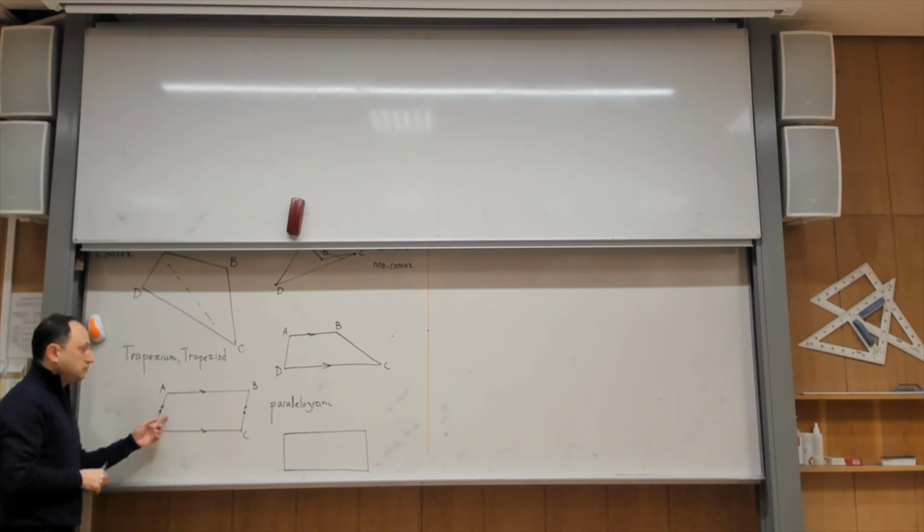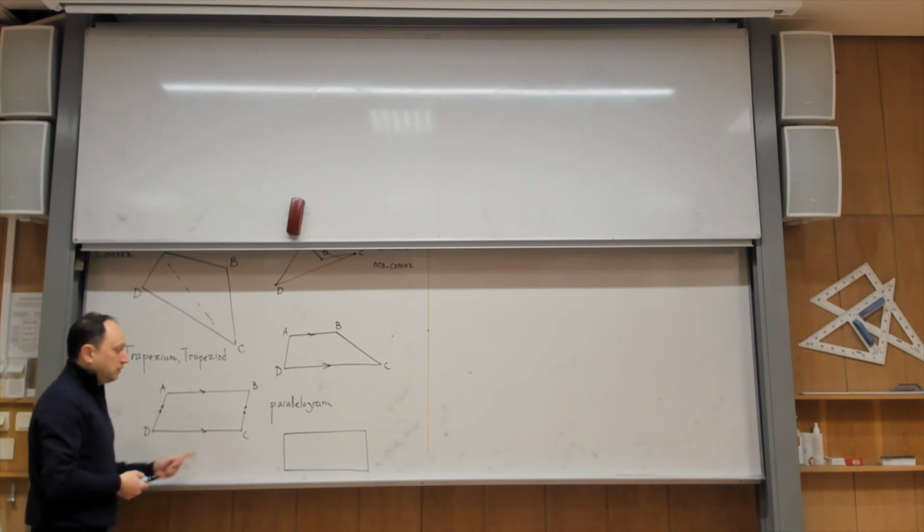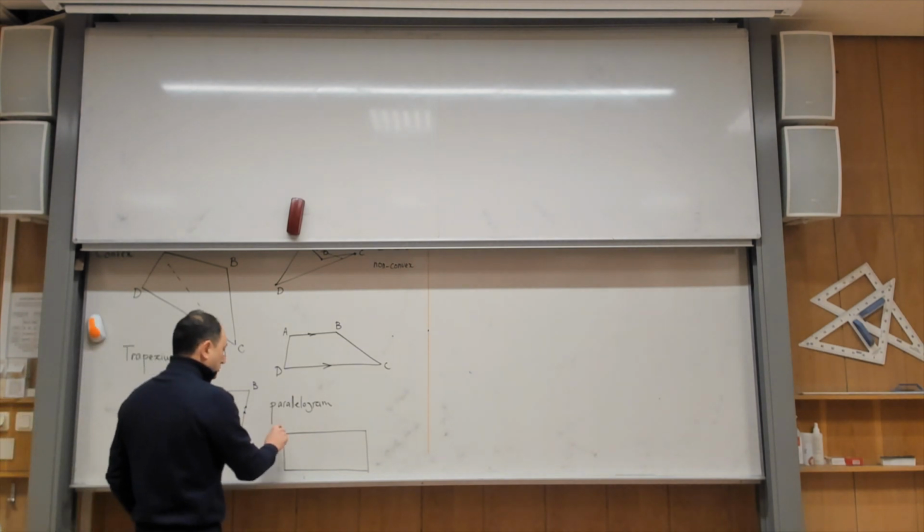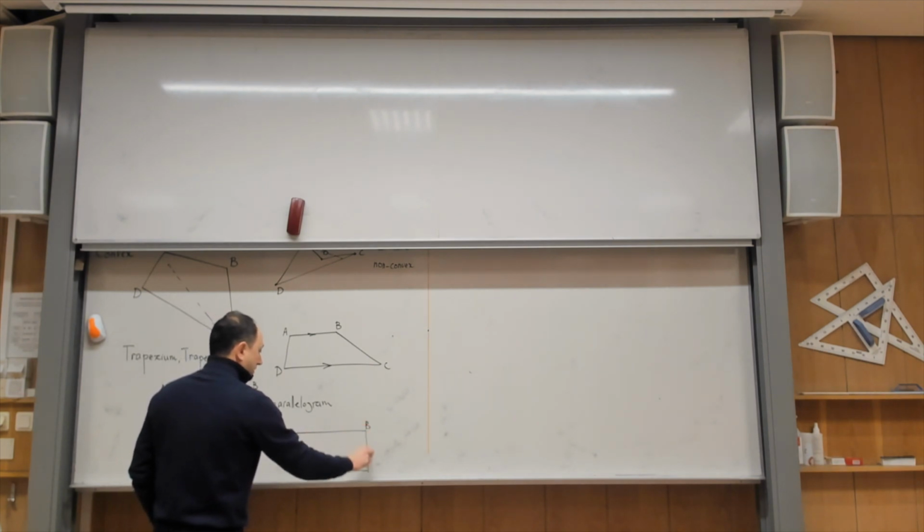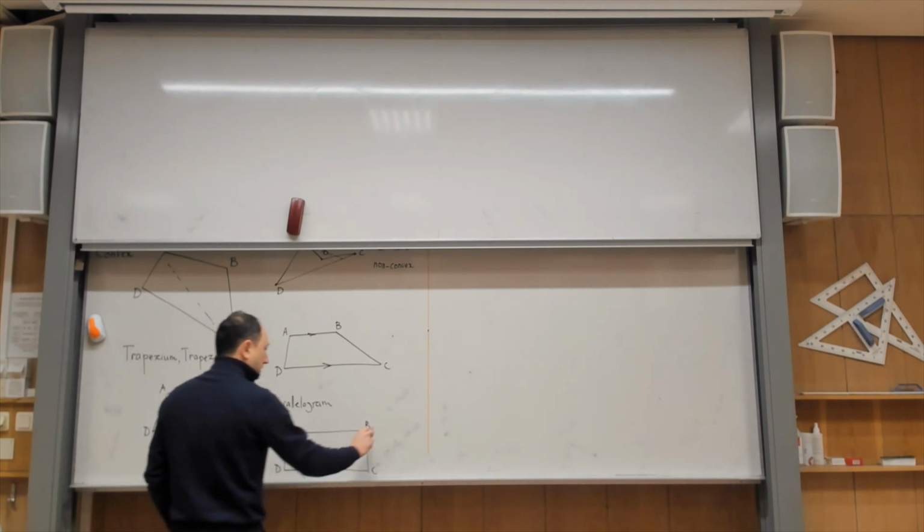When I ask you to prove that a quadrilateral is a parallelogram, for the time being, you have to convince me that I have two pairs of parallel sides. Yes? But now, let us go back, let us go to here. A, B, C, D, a rectangle. Yes? So what is a rectangle?